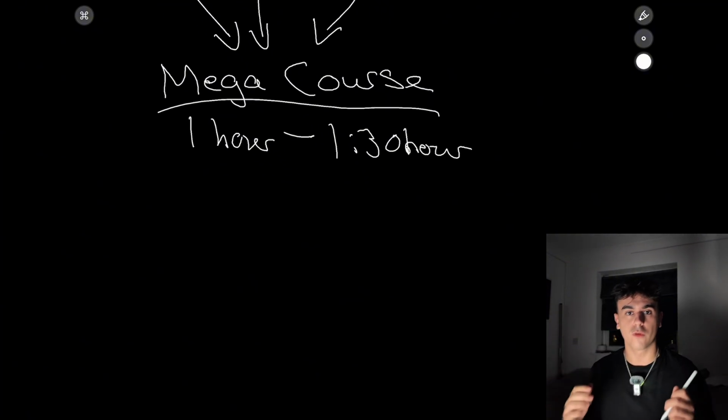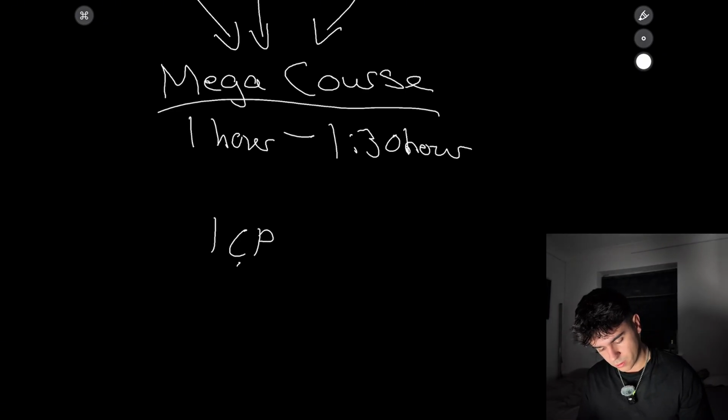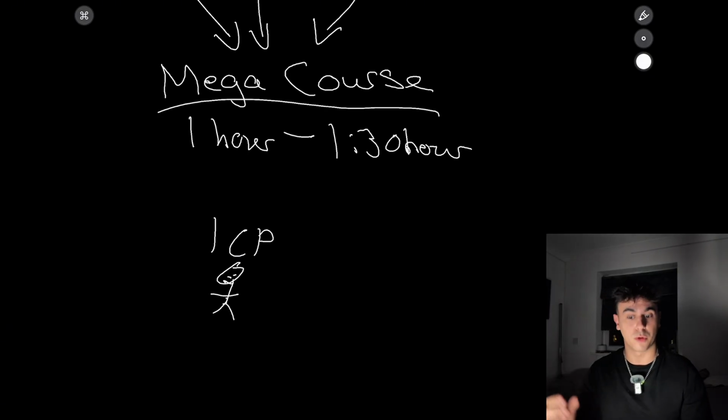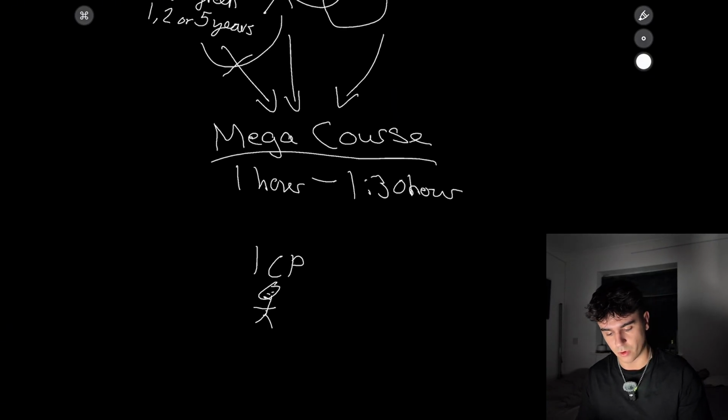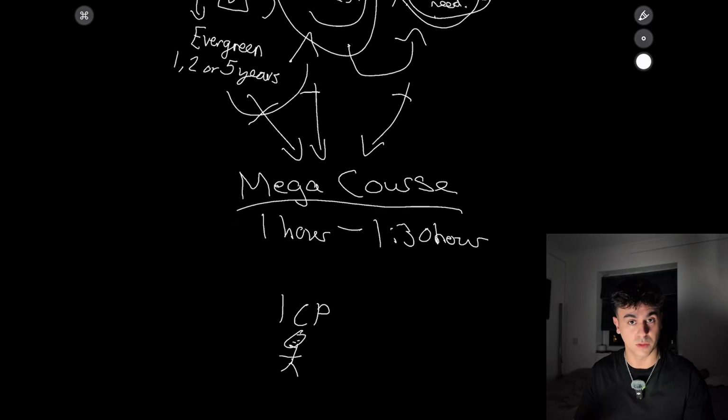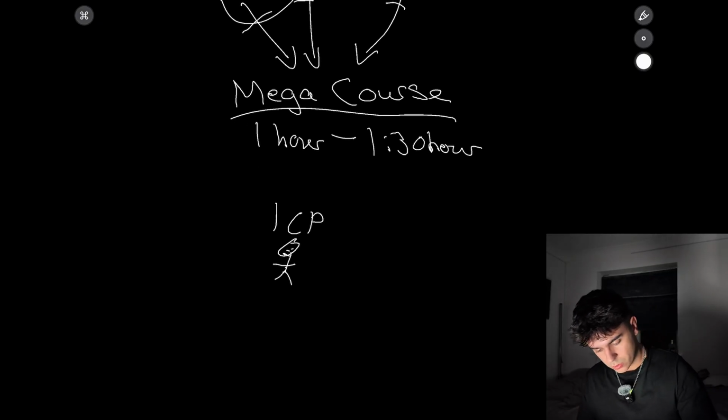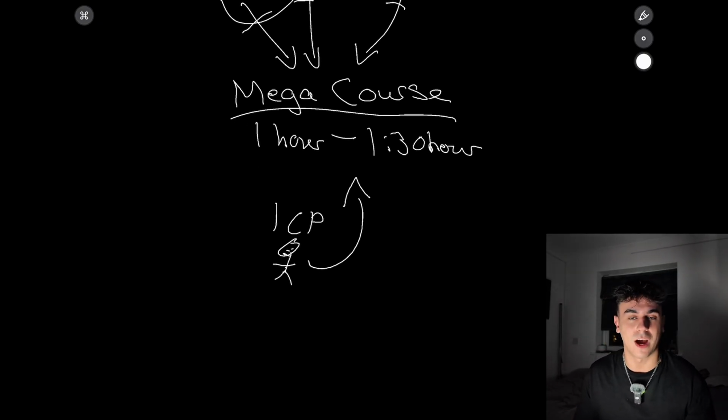You give away all of your knowledge in your niche that you know, so that when your ICP comes across this mega course from you pushing it out from your middle of funnel, top of funnel, and bottom of funnel, they watch an hour to an hour and a half video where you give away all of your knowledge, all of the value you have to this ICP. If that person doesn't close today, they'll close in a year.